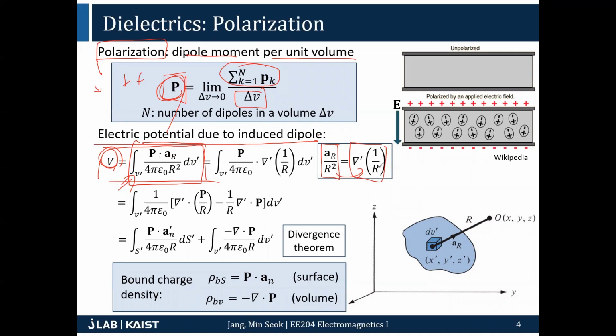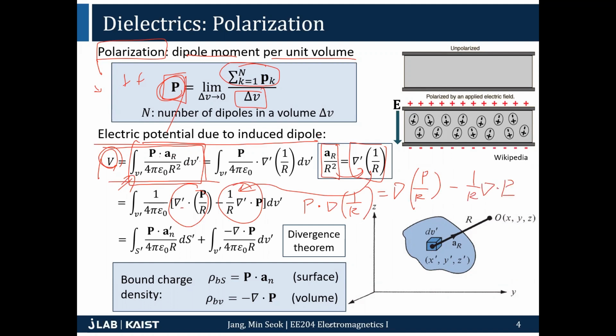And then from here, you apply a vector relation like P dot gradient of 1 over R is equal to this: gradient of P over R minus 1 over R, divergence of, I'm sorry, this is also divergence of P. This is another vector relation that you can just take.